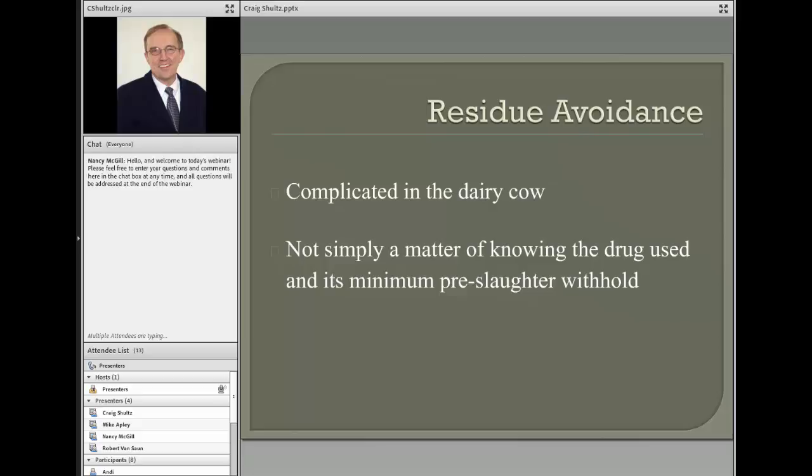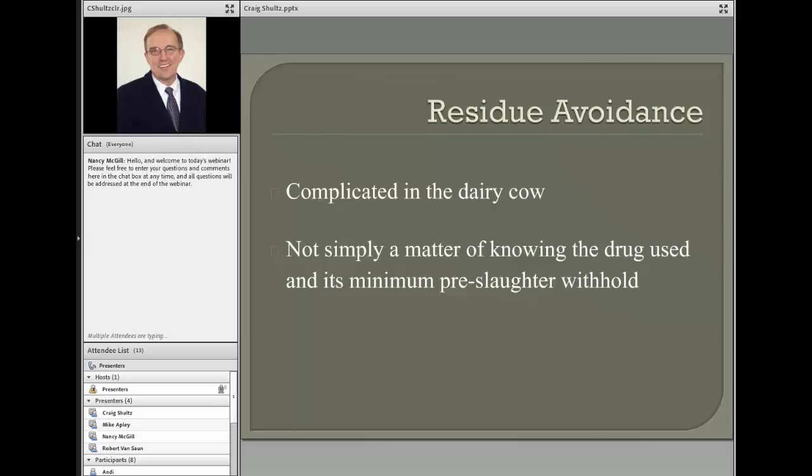It required a careful diagnosis. It required them to determine that no other labeled drug was available for that particular use that would justify the extra label use. It gave them some responsibilities in terms of maintaining the identity of treated animals, and also charged them with developing and working with producers to determine an extended scientifically supported pre-slaughter withhold.